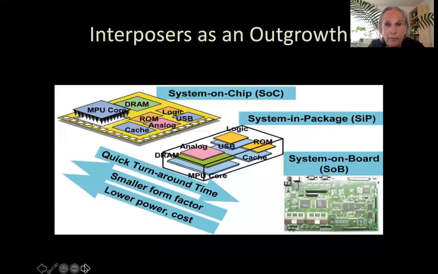Okay, so I'm starting somewhat from the end. I'm saying that for many years, we've been doing system on chip, we've been doing system in package, we've been doing system on board. What silicon photonics is now doing is it's becoming one of the elements of these various packaging technologies.